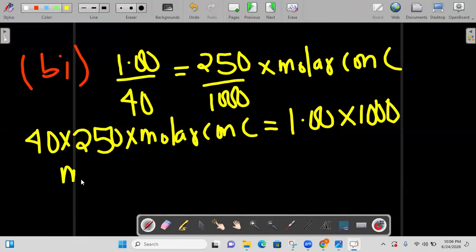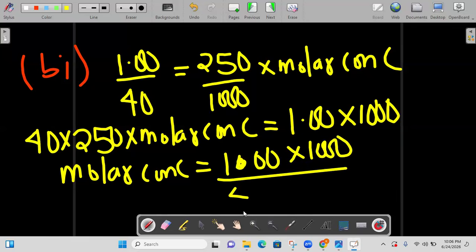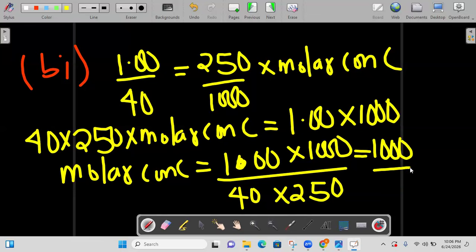So my molar concentration will be what? I should make it the subject of the formula. Molar conc will be 1.00 times 1000 divided by 40 times 250. If I multiply 40 by 250, it gives us 10,000.